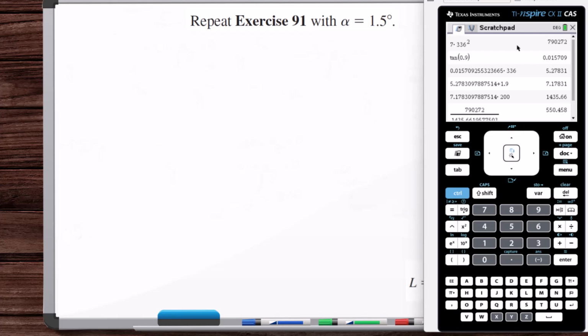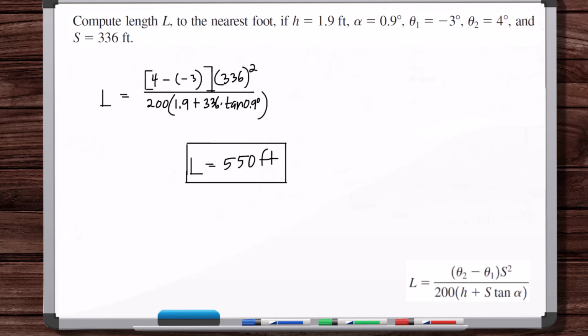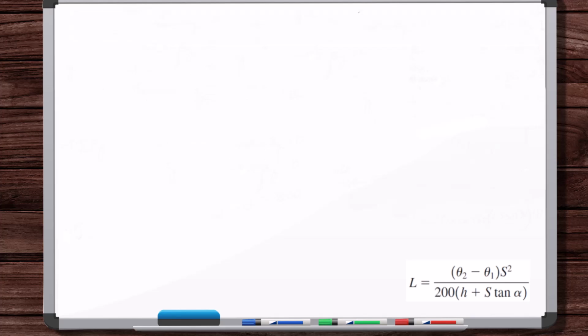So let's just write it out again. L is equal to 4 minus 3, so that's theta 2 minus theta 1.